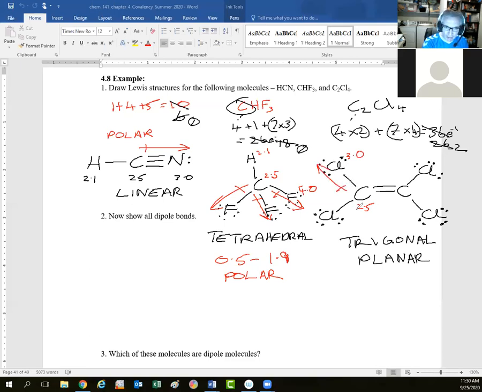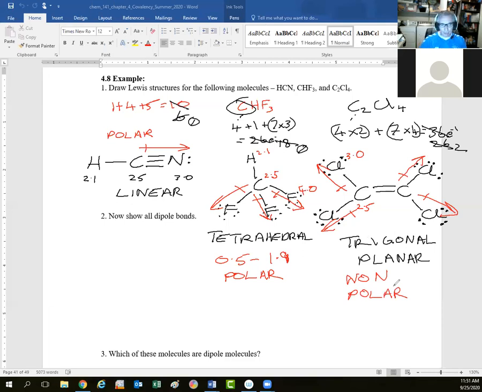So there's 1 polar bond there, 1 polar bond there, another there, and another there. 4 bonds polar, but all of those bonds are pulling to the 4 opposing corners of a rectangle because of that trigonal planar shape. So they're pulling with equal strength in exactly opposing directions. If you like to say it, the northwest cancelling with the southeast, and the southwest cancelling with the northeast. So it's a molecule with polar bonds, but it's actually a non-polar molecule.